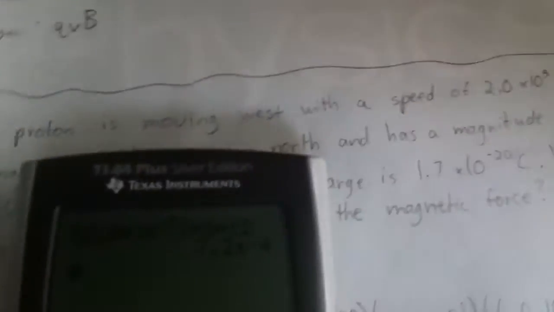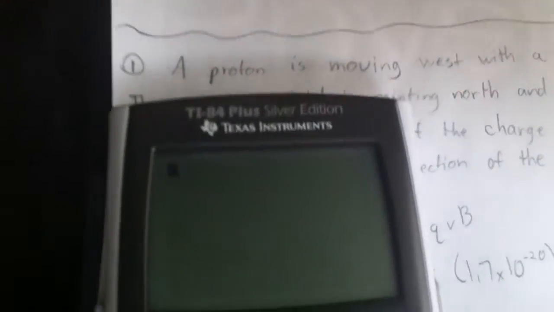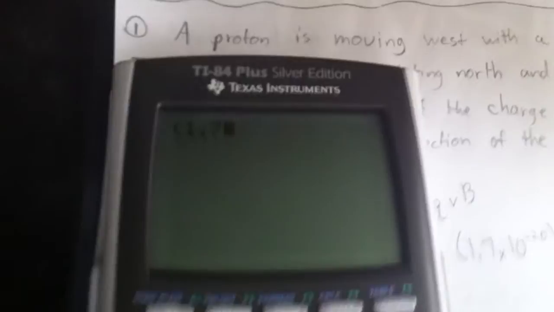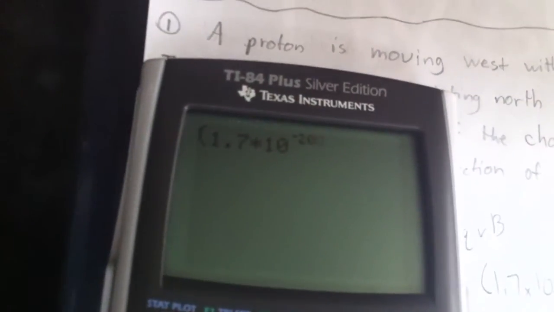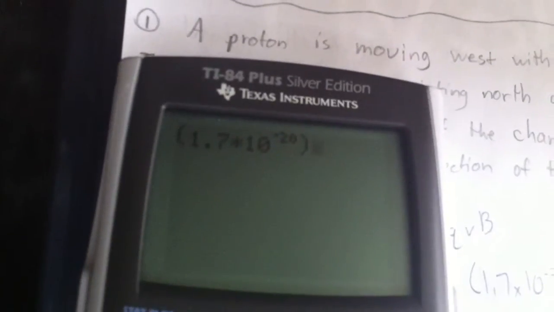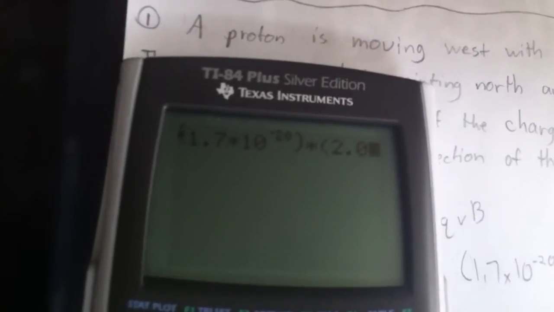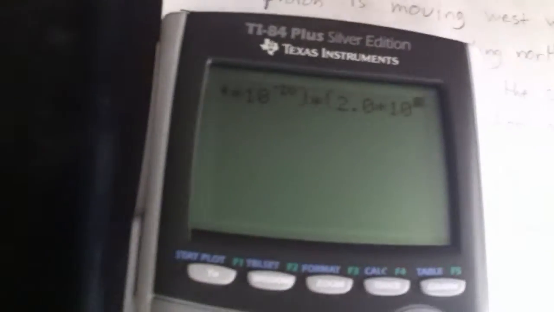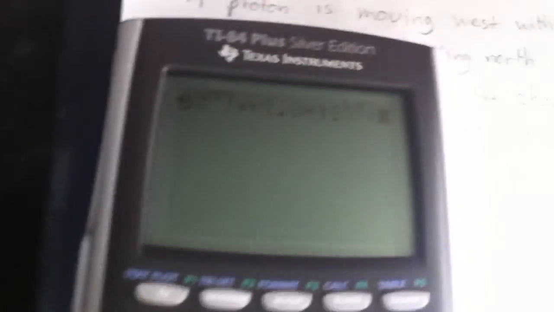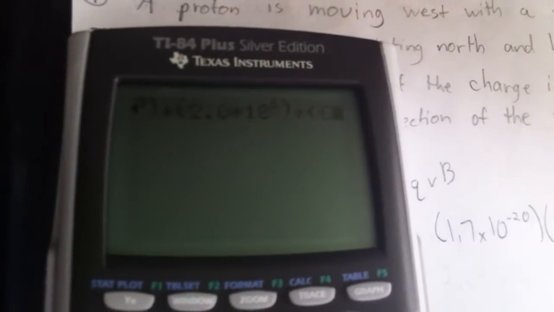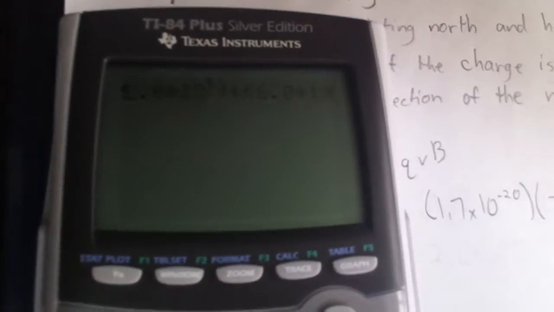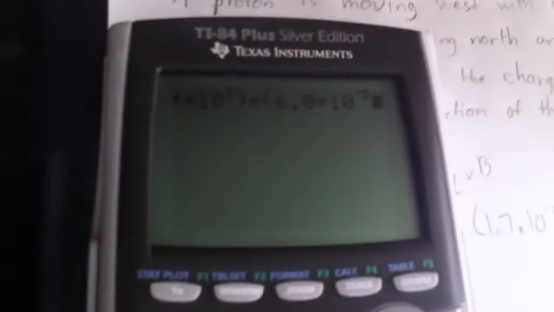Now I just need to put these values into my calculator. So we get 1.7 times 10 to the negative 20 times 2.0 times 10 to the 5th times 6.0 times 10 to the negative 5th.